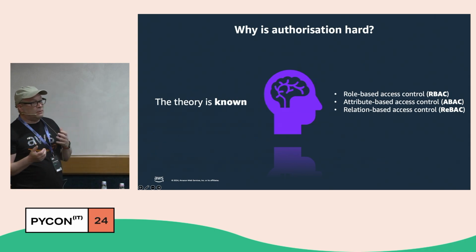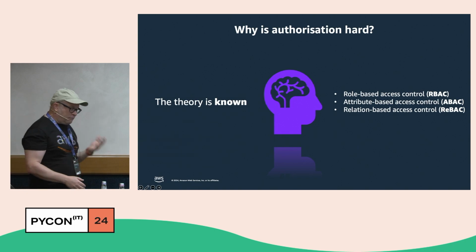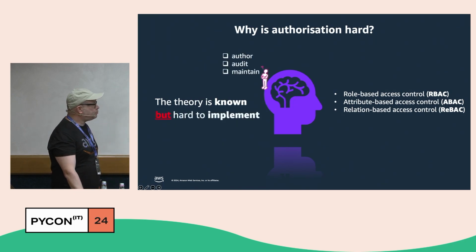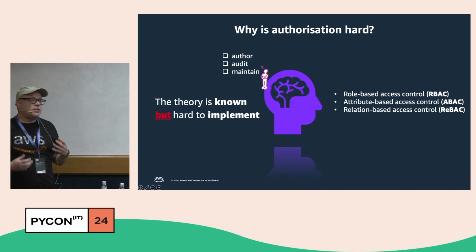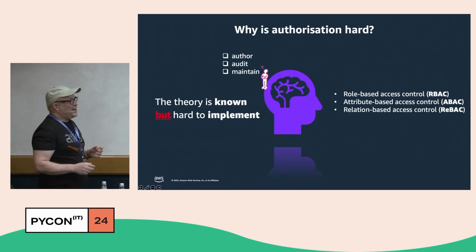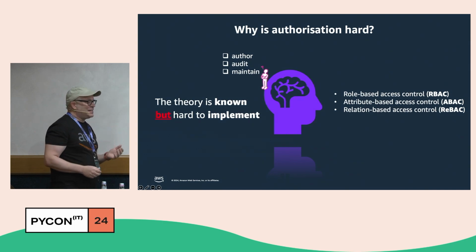And then relation-based access control, which is a newer one, is kind of combining the two. So we've known about these approaches, and many applications use one of these to do authorization. But even though these are well-known and well-understood, there are significant problems.